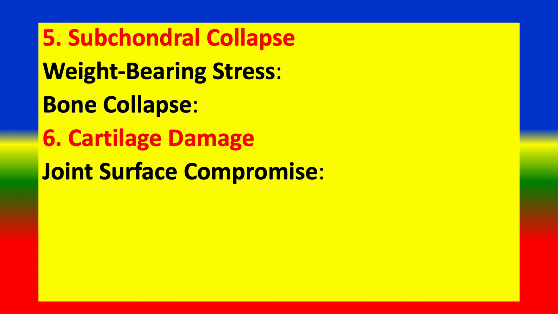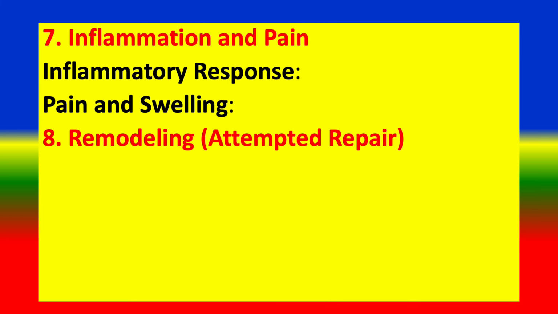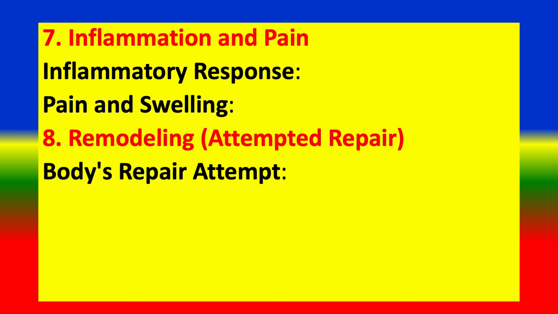Joint surface compromise, osteoarthritis. 7. Inflammation and pain. Inflammatory response, pain and swelling. 8. Remodeling, attempted repair. The body's repair attempt is ineffective.